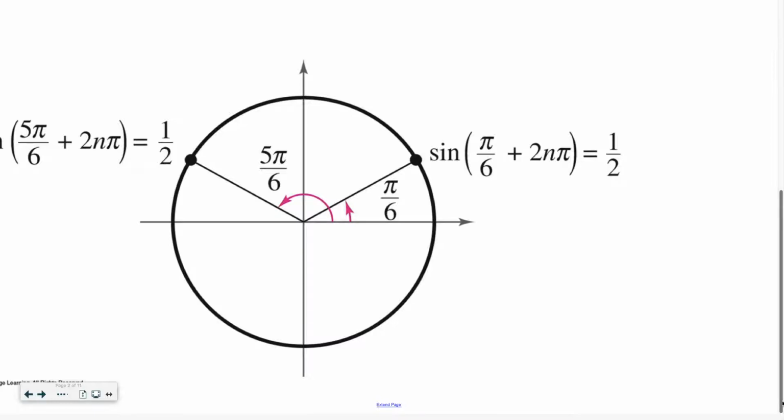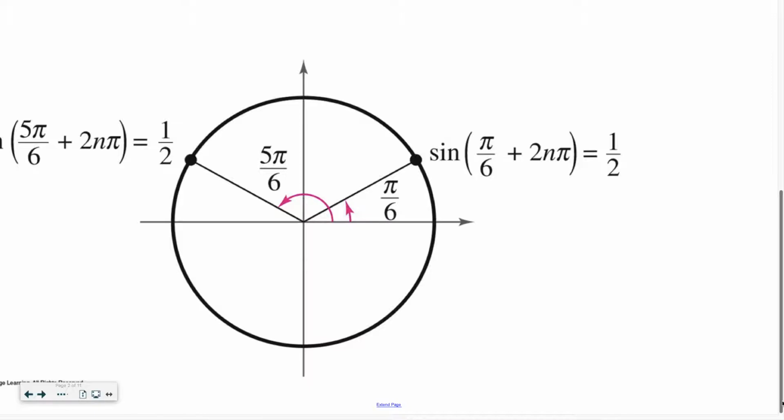But if we think about it, are we restricted to only rotate once around the unit circle? No, we could rotate here to 13 pi over 6, and then we could rotate again to 25 pi over 6, and we could keep rotating and rotating.